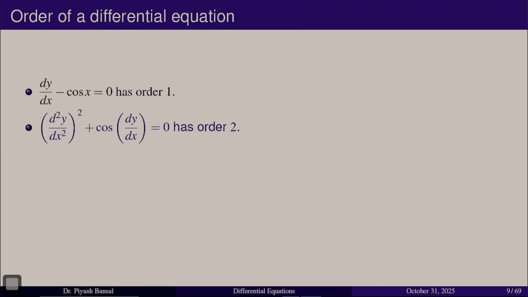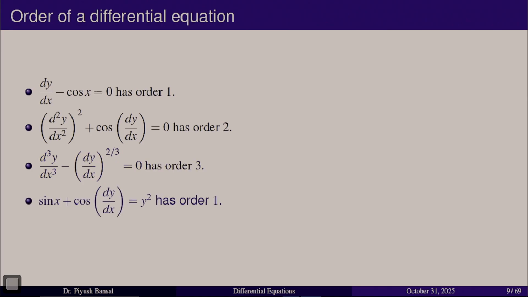Since the highest order derivative present here is d2y over dx square, which is of order 2, this differential equation has order 2. Similarly, in the third case, the highest order derivative present is of order 3, d3y over dx cube. So, this has order 3. And the next one again has the highest order derivative dy by dx, so this will have order 1.